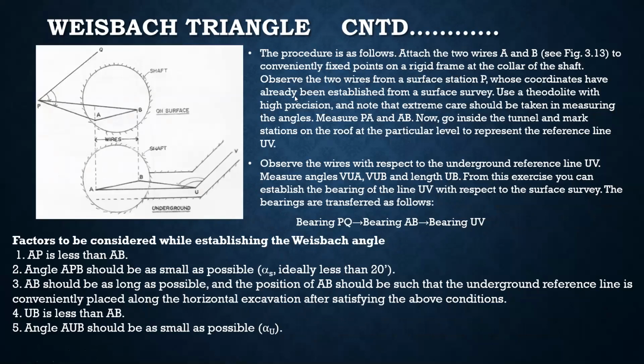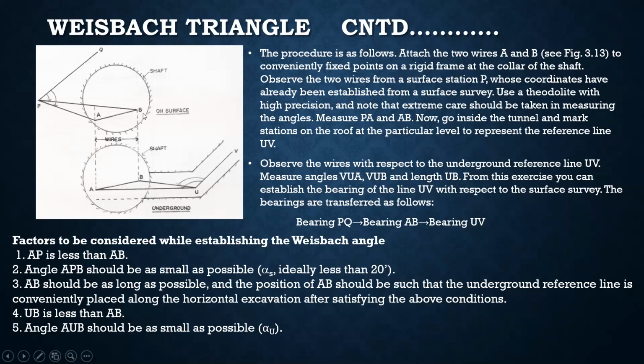Now here, this diagram shows, actually it is figure 3.13 in your book, the entry and the end of a single shaft. Now there are 2 wires hanging from this shaft collar. The collar is the edge of the shaft.